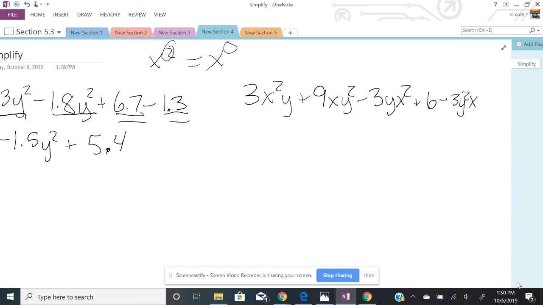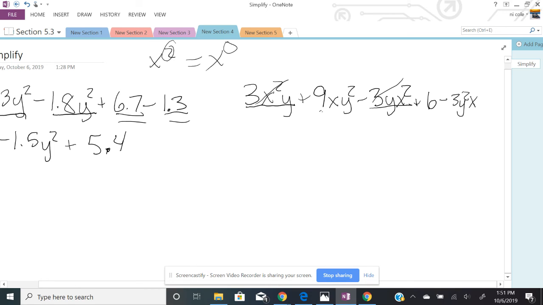But I'm going to tell you, yes, there is. So x squared y and y x squared, those are the same. Because remember, a times b is the same as b times a. So the order of multiplication doesn't matter so long as they're the exact same. So I would have 3x squared y minus 3yx squared. So 3 minus 3 gives me nothing. All right, so I took care of those.